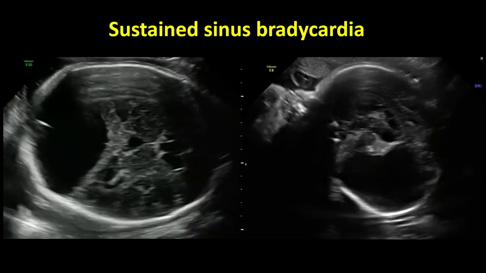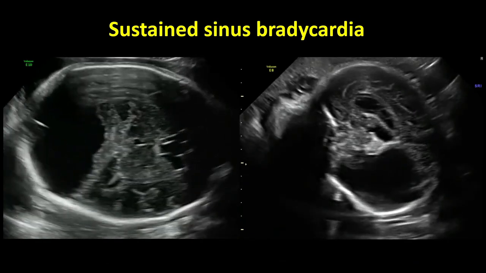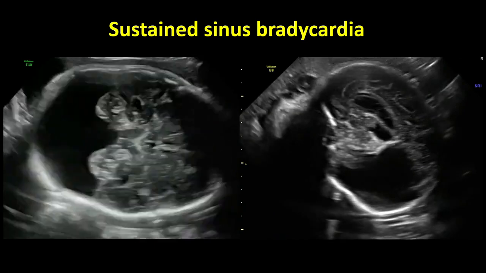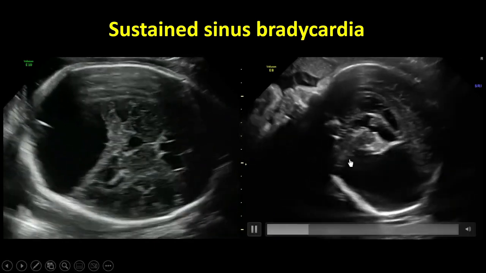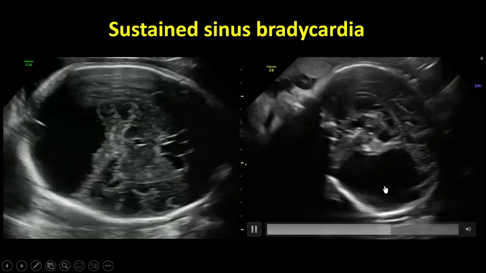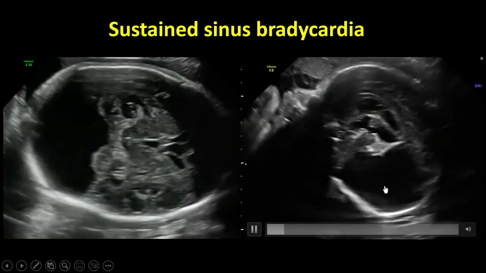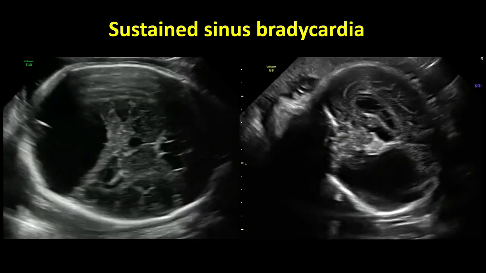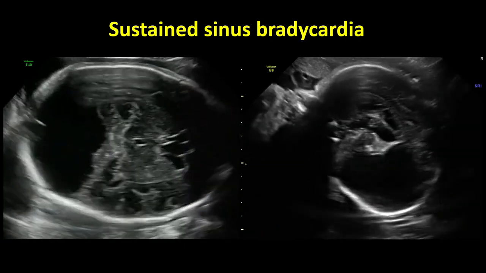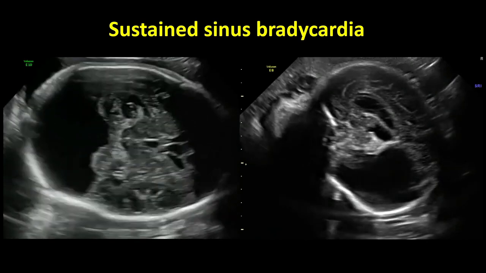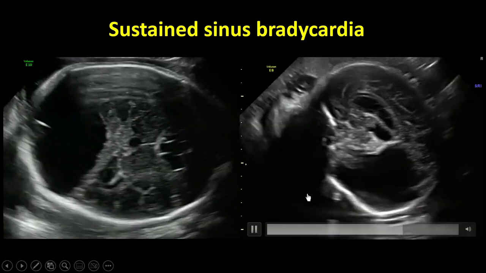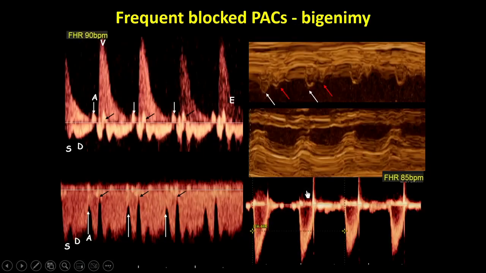That fetus also had severe malformation of the brain, consistent with Dandy-Walker malformation, and the neurologist after birth speculated that such a significant enlargement of the posterior fossa and that fluid collection also compressed the brain stem, and that could be the cause of the very slow heart rate, from central influence. So that was very interesting.